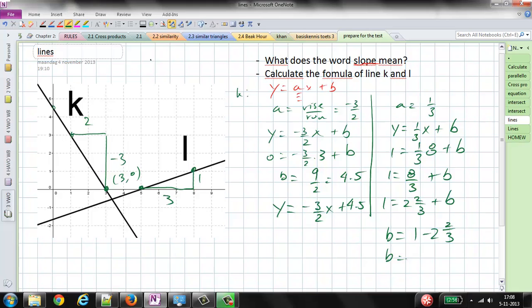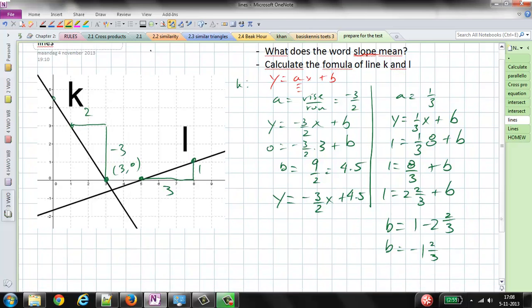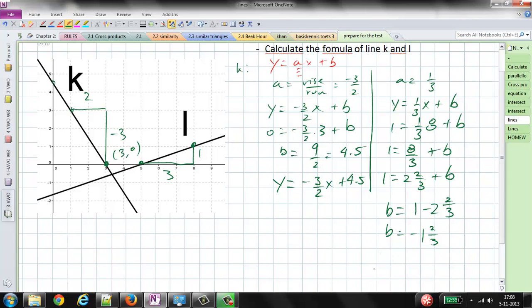So that b will be equal to minus 1 2/3. So the formula is y is equal to 1/3 x minus 1 2/3. That's the formula for the L. Yeah.